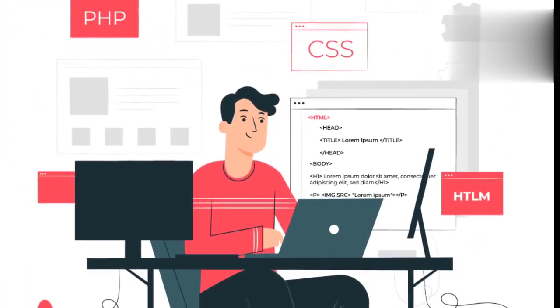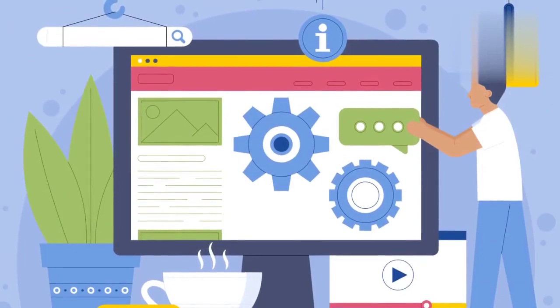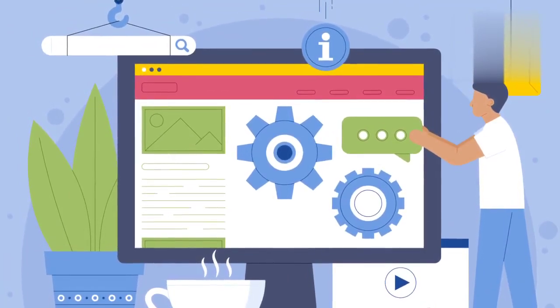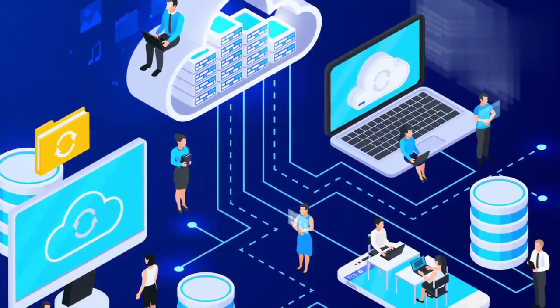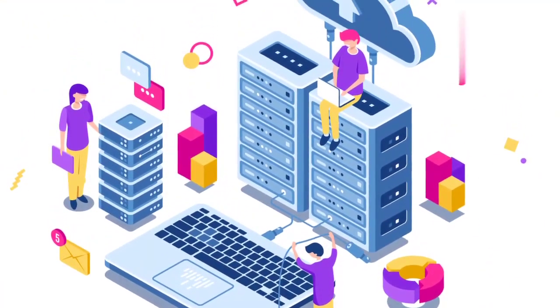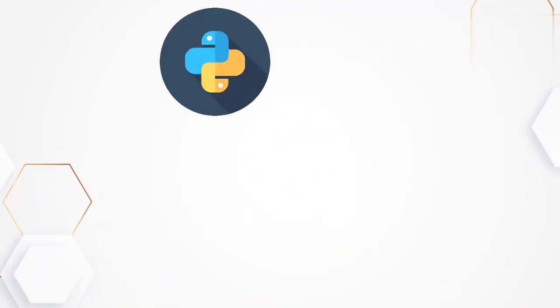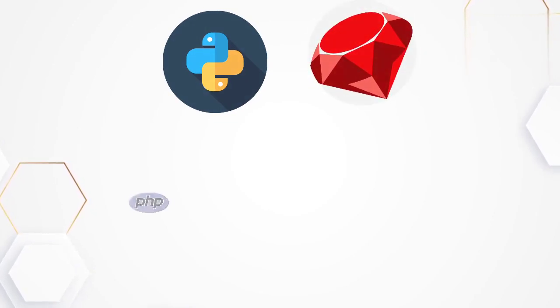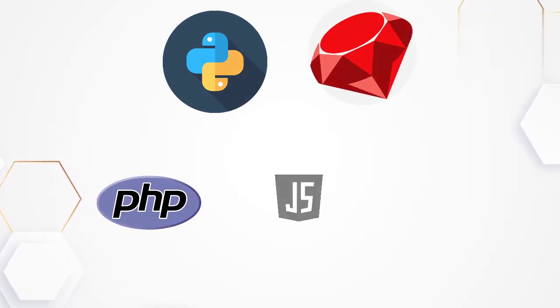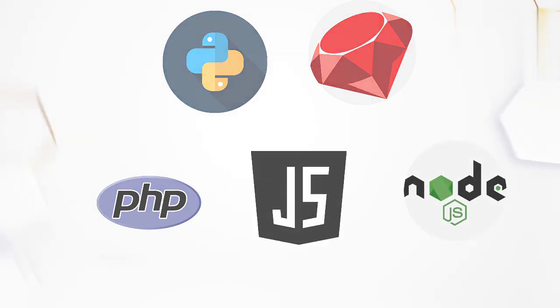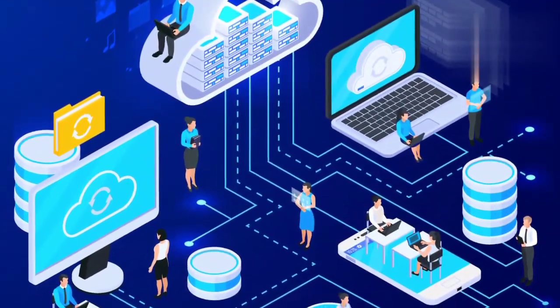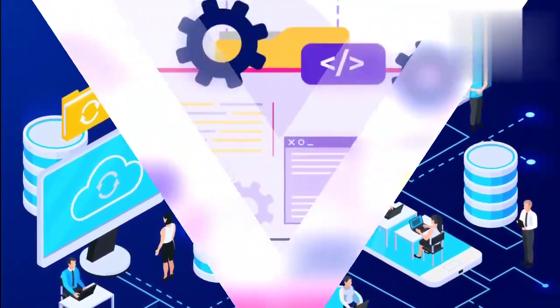Back-end development, on the other hand, deals with the behind-the-scenes aspects of a website. It involves server-side programming, database management, and handling the logic that powers the website's functionality. Back-end developers work with languages like Python, Ruby, PHP, or JavaScript with Node, to build the server-side infrastructure that supports the front-end.